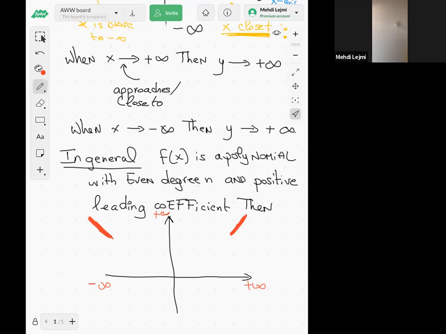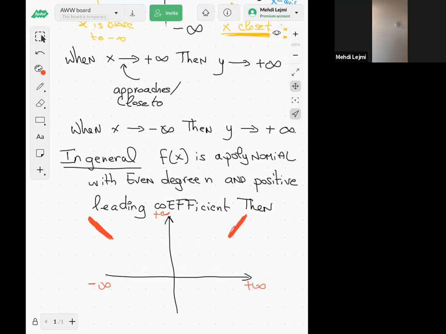We're going to use this later when we graph polynomials. If you have a polynomial of even degree and positive leading coefficient, then the graph at positive and negative infinity is going to be right here.